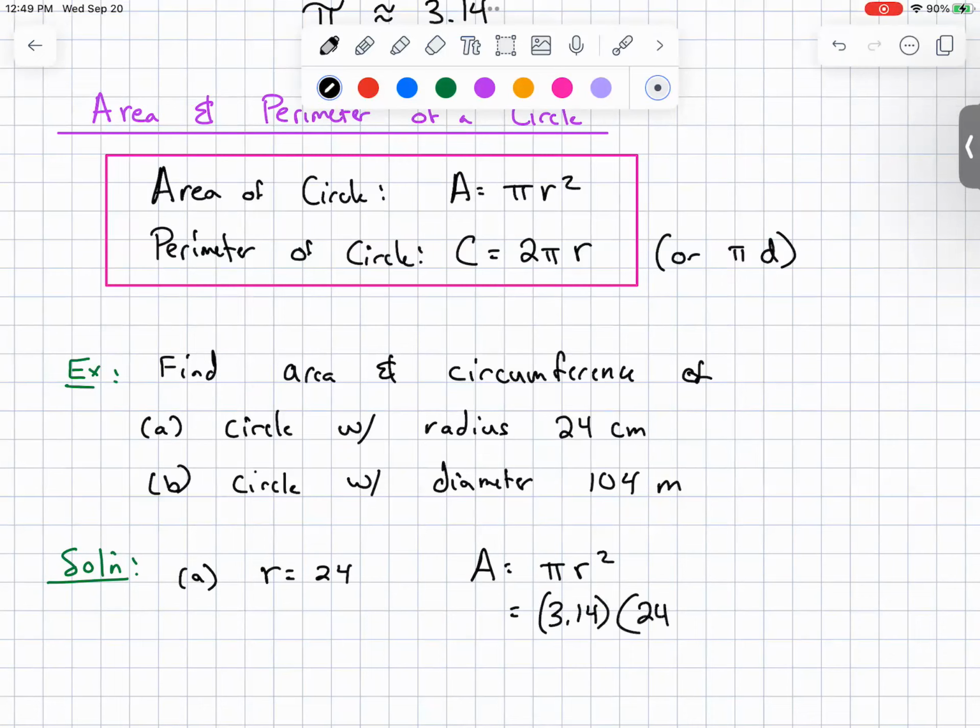And then 24 squared, if you plug that into your calculator, 3.14 times 24 squared should be 1808.64 centimeters squared, because this is an area. Areas are two-dimensional, centimeters squared.